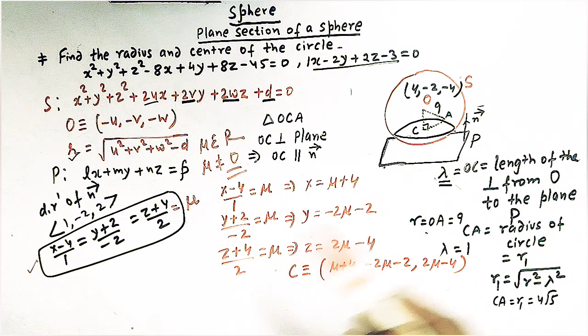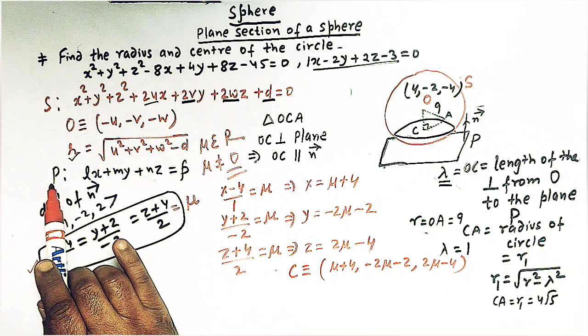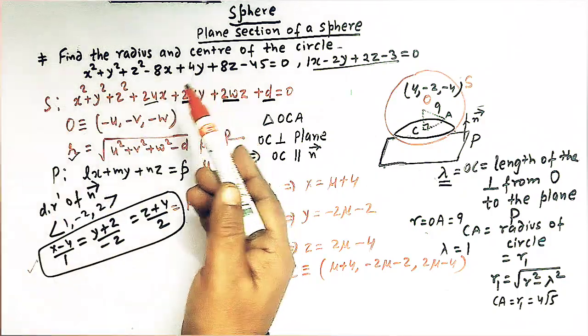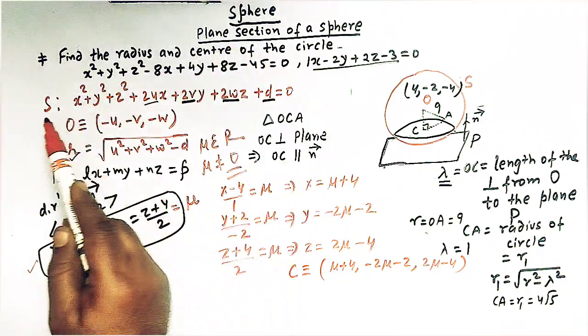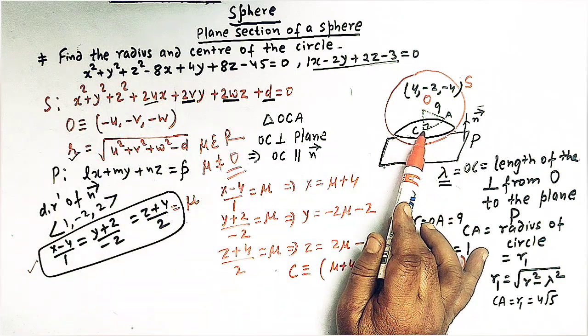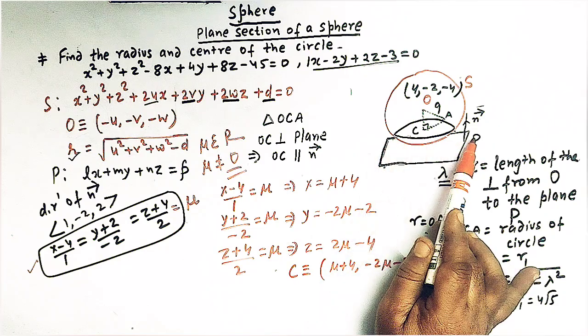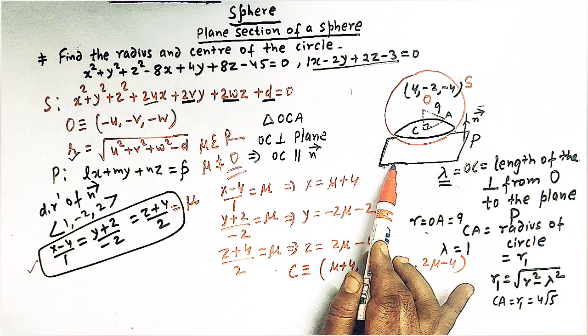Now here again we have to make use of an important concept: when this plane P makes a plane section on this sphere S, then the center of the circle, C, lies on this plane P, right?